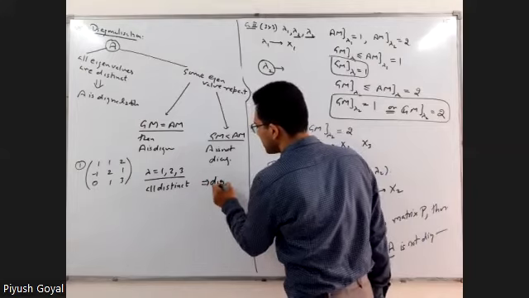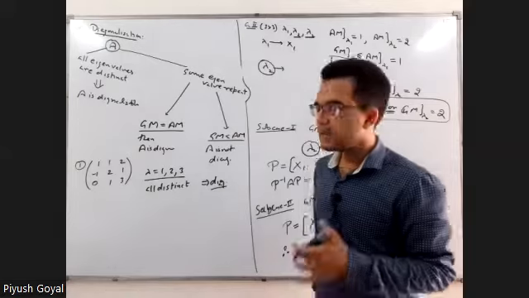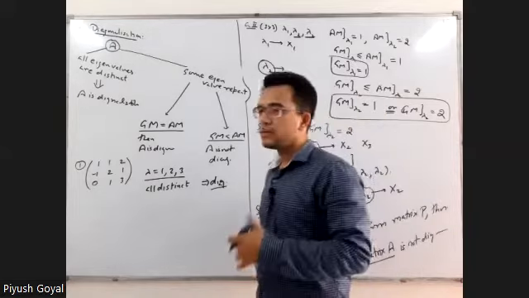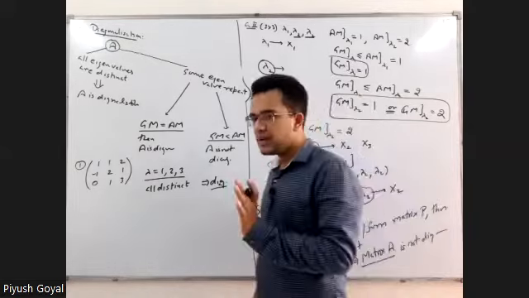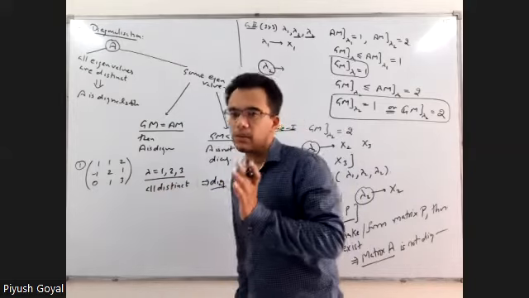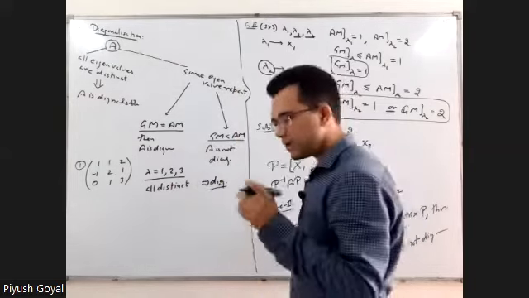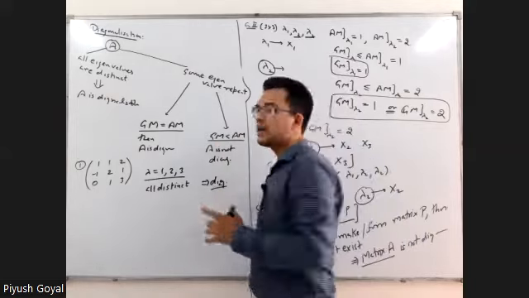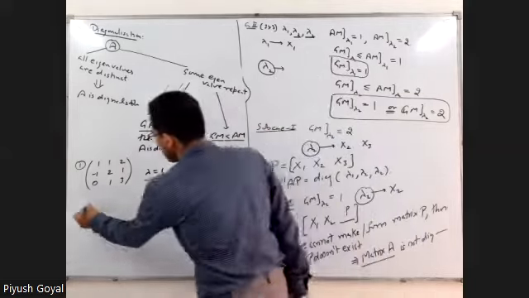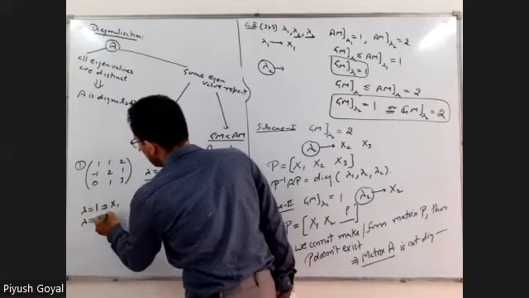One question is, they ask you, is it diagonalizable? Second is, diagonalize it. So the question can appear in two ways. They simply ask, is it diagonalizable? Say yes or no. Second question is, find P which makes A diagonal. So you have to find eigenvectors for these eigenvalues.